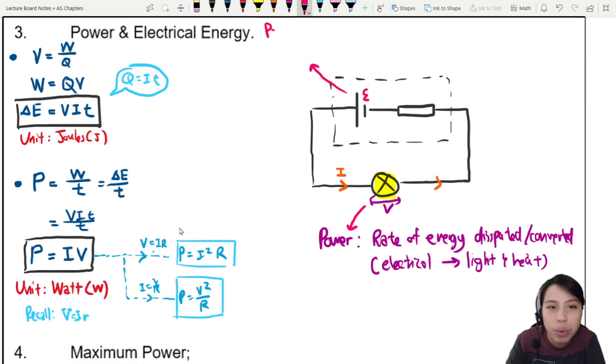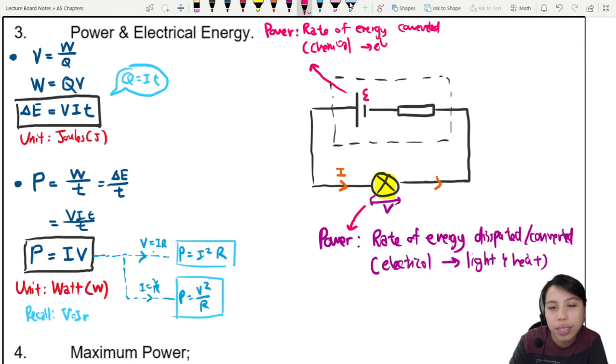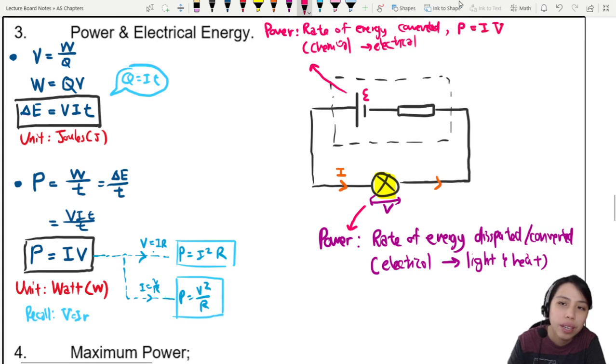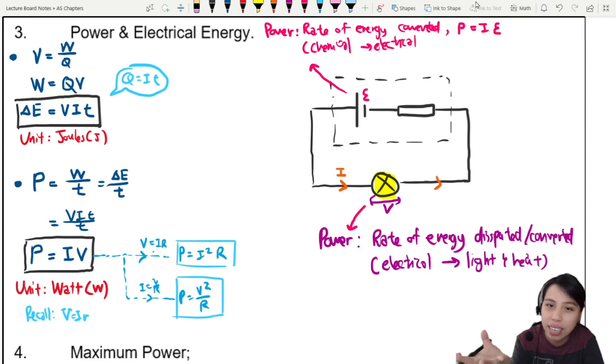So in terms of power generated by the battery, this will be the rate of energy converted also. But this time, it is from chemical to electrical energy. And if you want to actually calculate what that value is, you have to use P equals IV. Or in this case, IE, because E is the EMF.